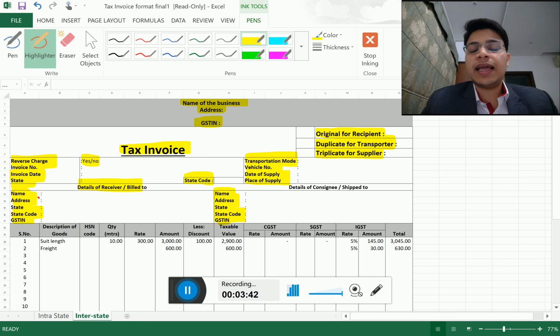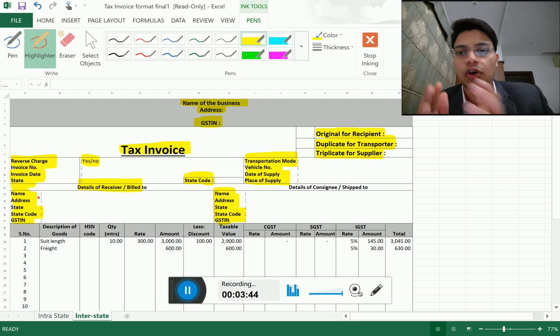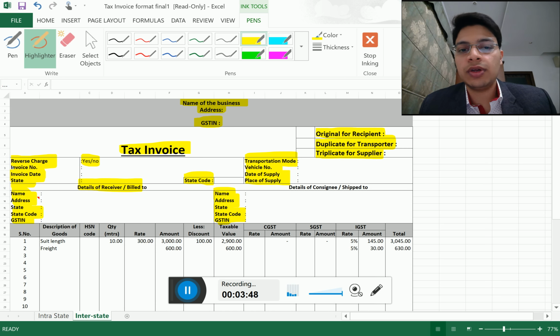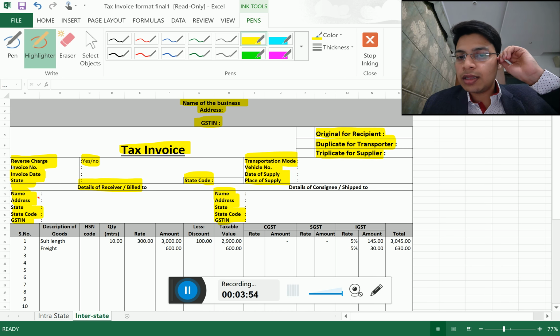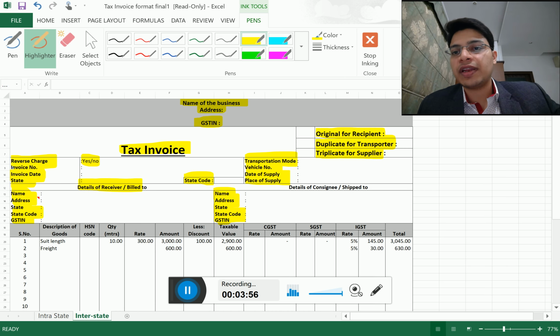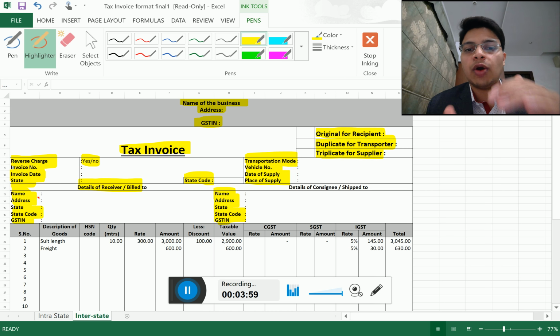Place of supply is again a separate concept which I will be discussing in detail in my next video. After that, you will understand how this place of supply will have implication, and how will you decide what place of supply must be mentioned in your tax invoice.